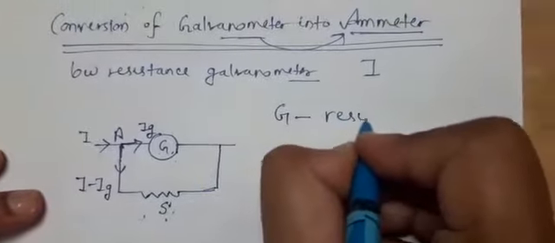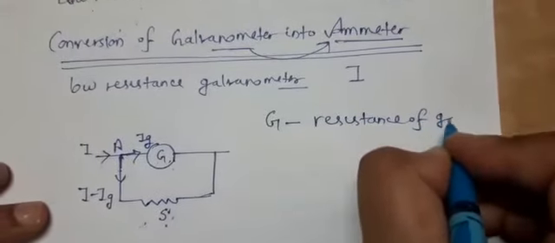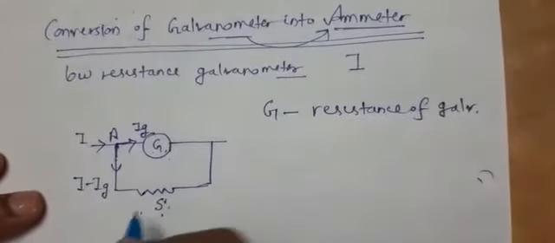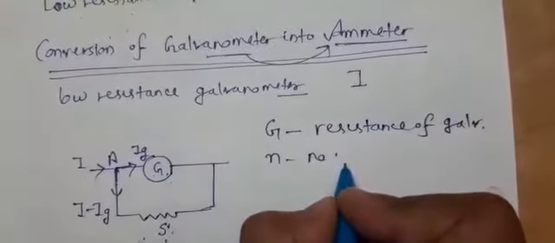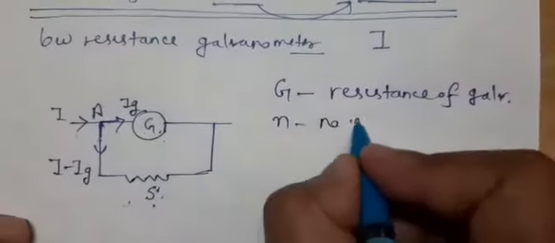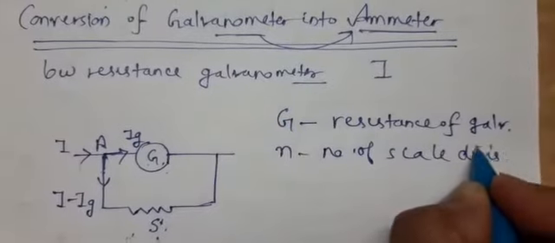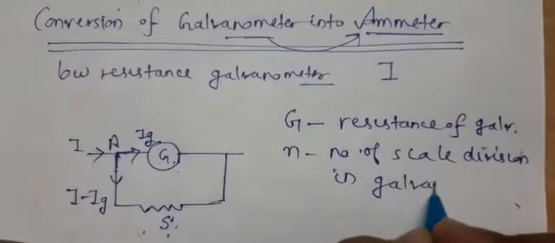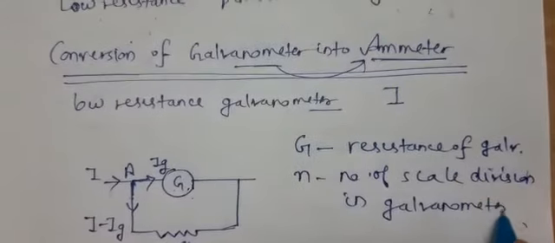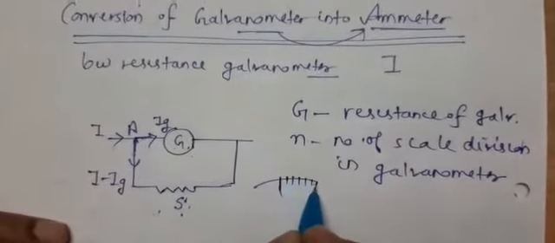G is the resistance of the galvanometer, and N is the number of scale divisions in the galvanometer. See, if the zero pointer is lying at the center, what is the number of divisions in the galvanometer?